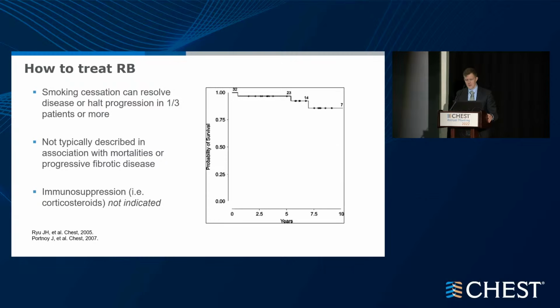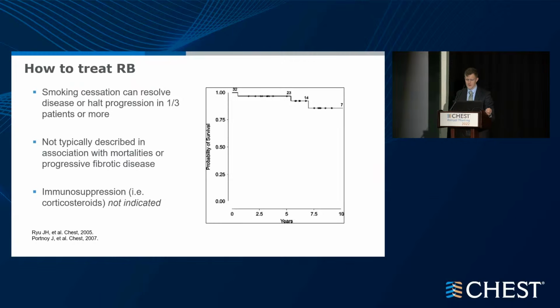So how do you treat it? There's really not a ton of data on this, but the data that's out there suggests just leave them alone and get them to quit smoking. If you quit smoking, it can halt progression or even reverse disease in a third or more of patients. This is typically not described, just RB, so not a fibrotic lung disease, as a disease that is progressive and leads to horrible disease in patients.